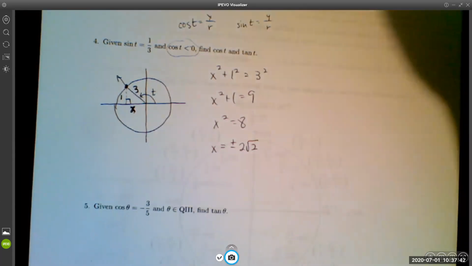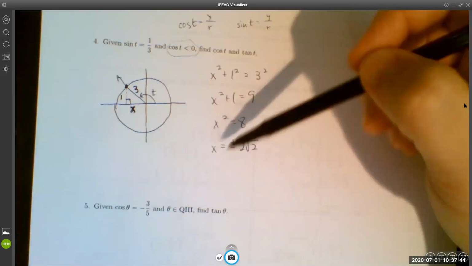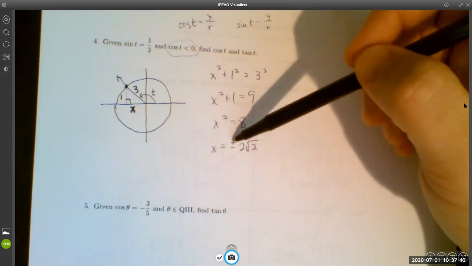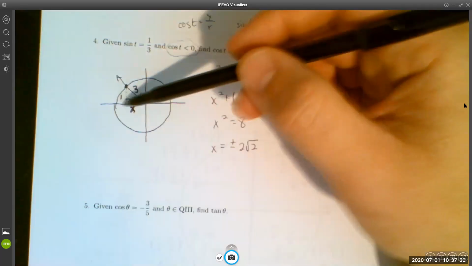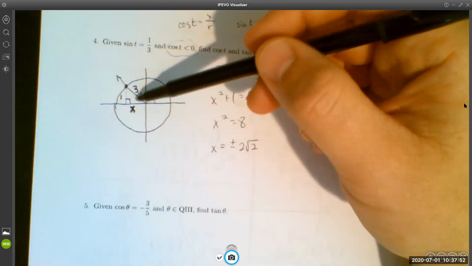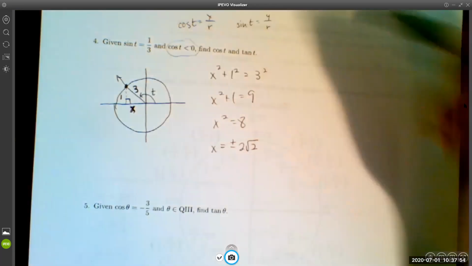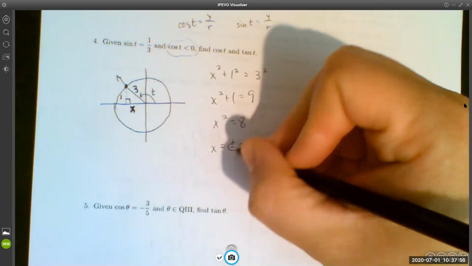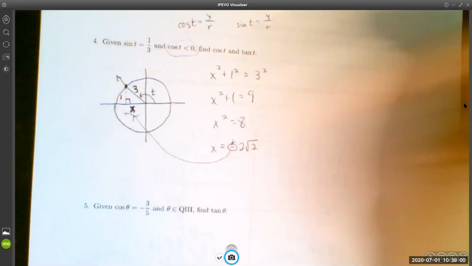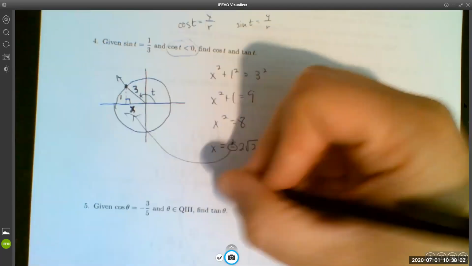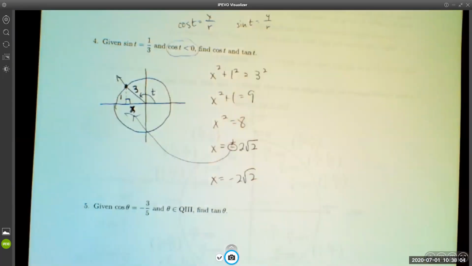Now, this is where we have to decide which sign we're going to use, the positive version or the negative version. Well, since we're over here in quadrant 2, x should be negative, right? X should be negative in this quadrant. So we're going to take the negative version in this case because x is in quadrant 2. So x is really negative 2 root 2.